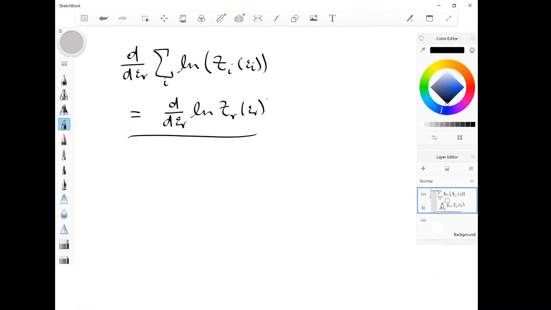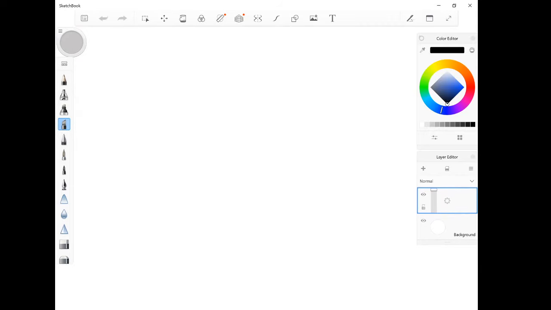Something just quickly about expanding the log. So we have from the microcanonical ensemble, right?